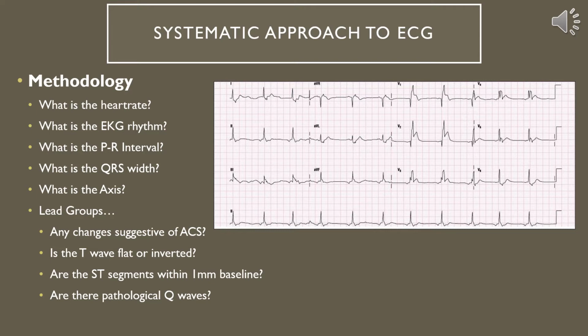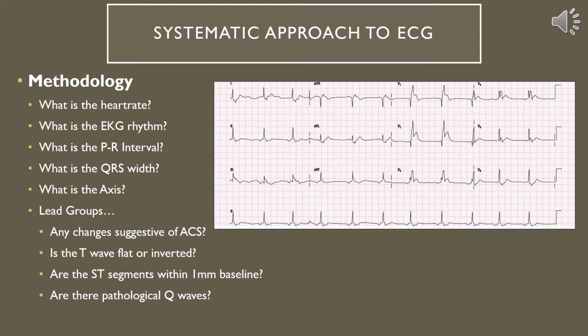We're going to look at the axis, which is really where all of the electric potential is flowing through the heart. And we're also going to pay special attention to the lead groups, leads 1, 2, 3, the augmented leads, and the ventricular leads. Looking at these lead groups, we're going to look at any changes that suggest some acute coronary syndrome.